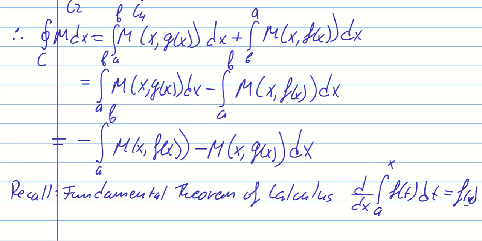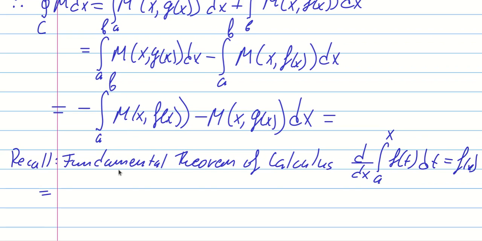That's the fundamental theorem of calculus. So if you take an integral from a to x and you take the derivative of it, you're going to get f of x. All right, so that means we can keep moving forward using this idea.